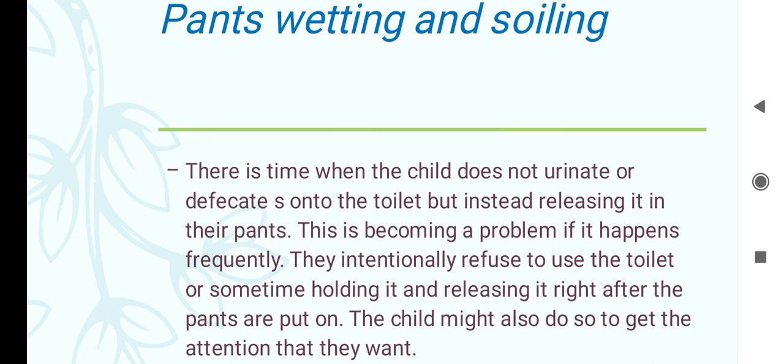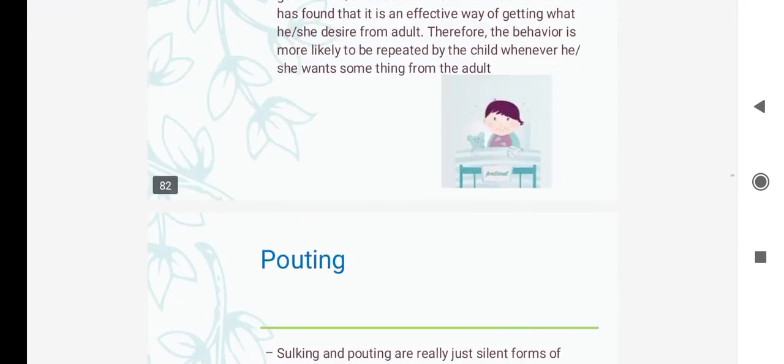So these are the different types of emotional or independent behavior. So we discussed from the first one, crying. Let us recap.